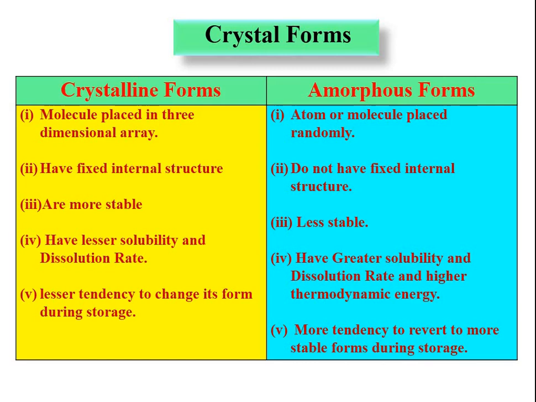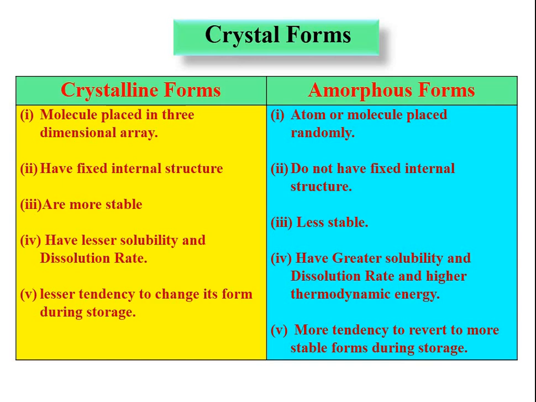This crystalline form is more stable but has very low solubility in water and a low dissolution rate. It has one advantage: a lesser tendency to change from one form to another form. So it does not undergo polymorphism, or very rarely undergoes polymorphism.